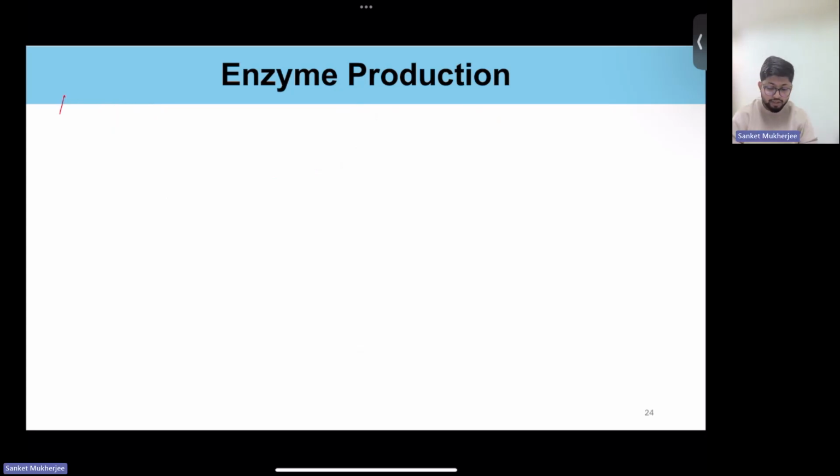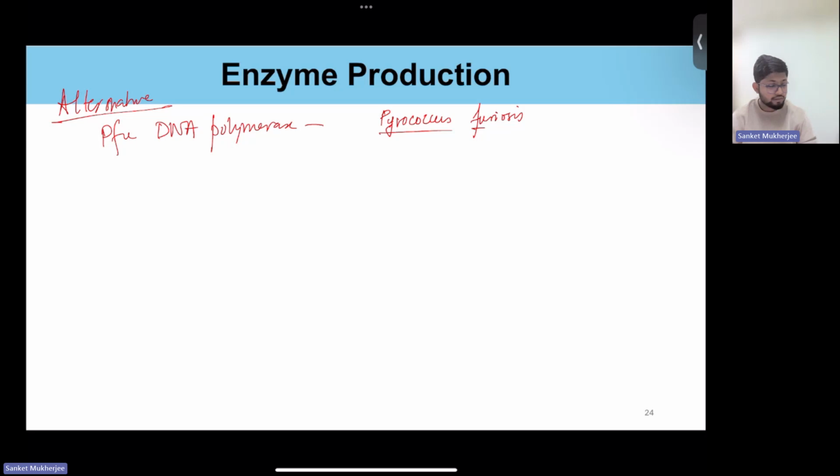For this, there are alternatives. So the alternative is Pfu DNA polymerase. It is isolated from Pyrococcus furiosus.